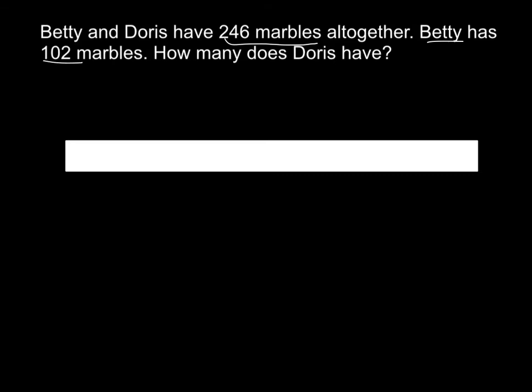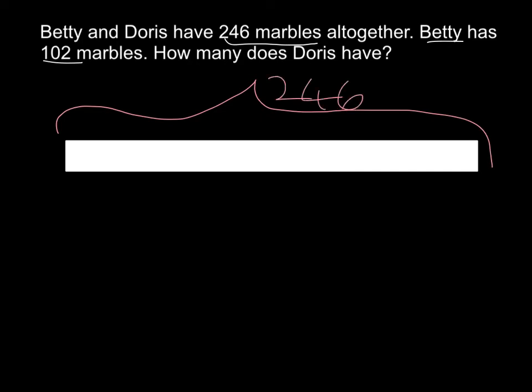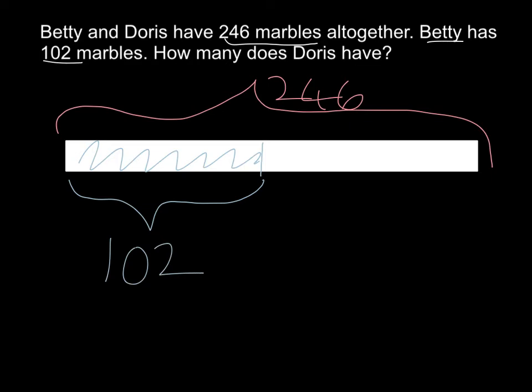So this represents the whole thing all together, 246 marbles, because that's how many marbles there are all together. And I know that Betty, I'm going to do Betty in blue, so Betty has got this many marbles, and this represents the 102 that she's got.